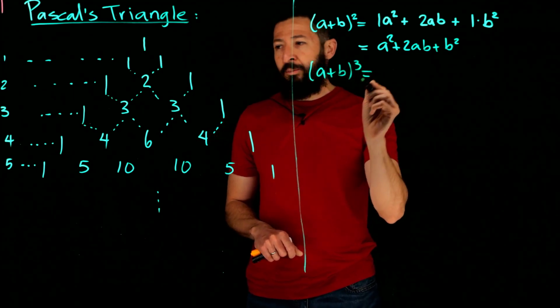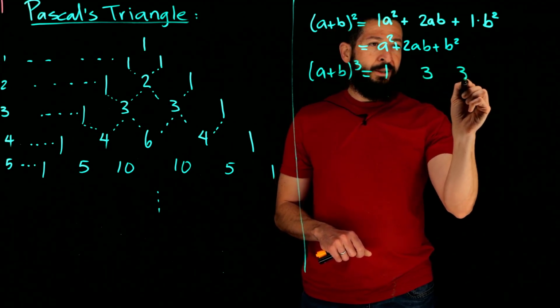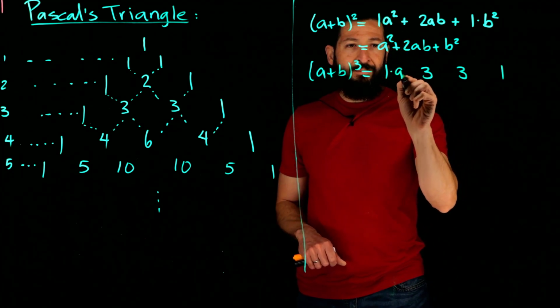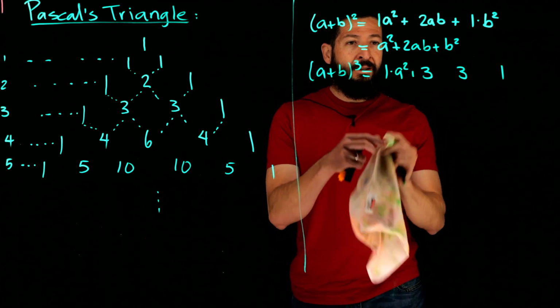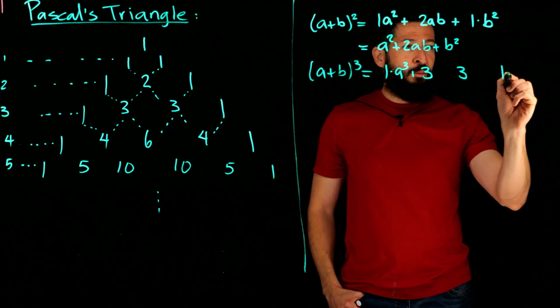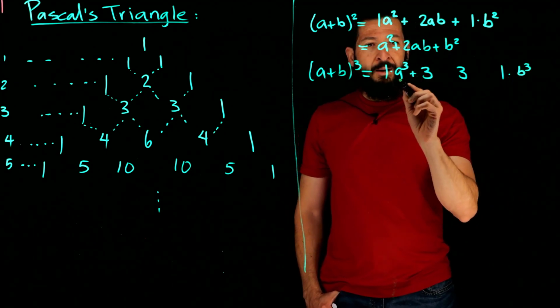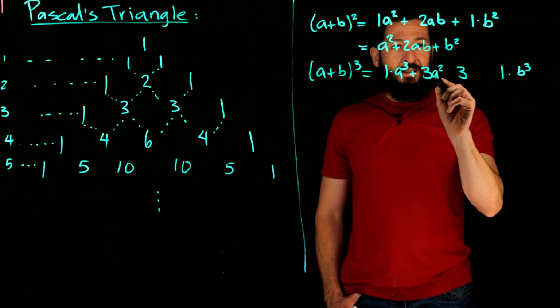Let's try the cube. So my coefficients would be 1, 3, 3, and 1. And I start here with a cubed, my bad. Let's erase this quickly. And here I'm going to finish with b cubed. And what I'm going to be doing is subtracting 1 in degree here.